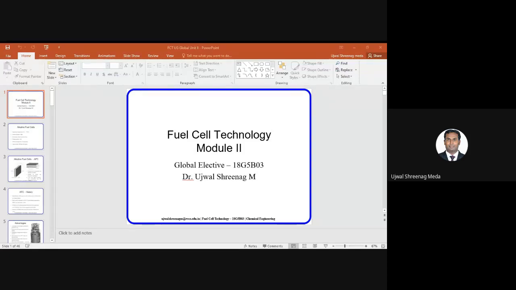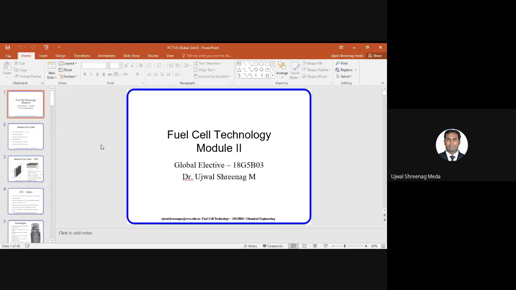Lessons. And in the last class, we were talking about the alkaline fuel cell. And this alkaline fuel cell is a classification based on the type of electrolyte, and as the name itself indicates, the electrolyte is an alkaline solution.